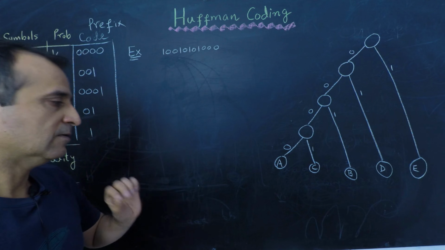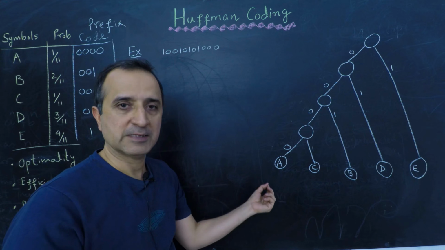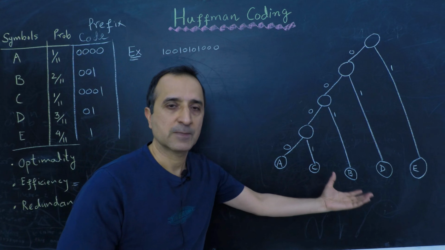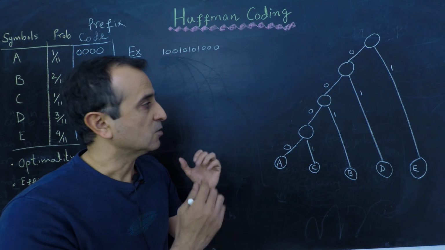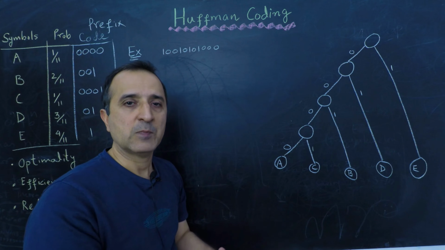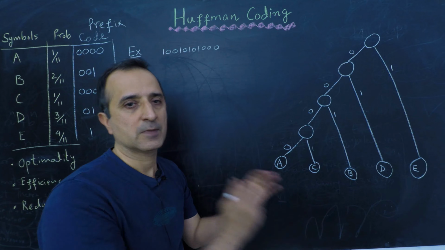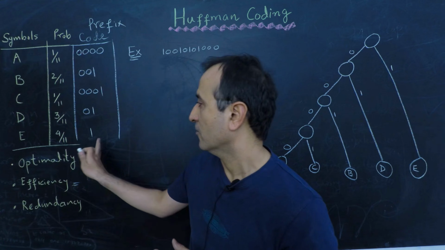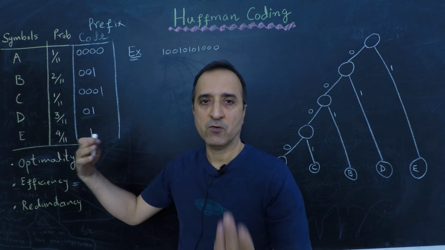Now please look at this Huffman tree. This Huffman tree has all the symbols on the leaf nodes, and this has a significance because no code word can be a prefix of another code word. For example, 1 cannot be a prefix of another code word.